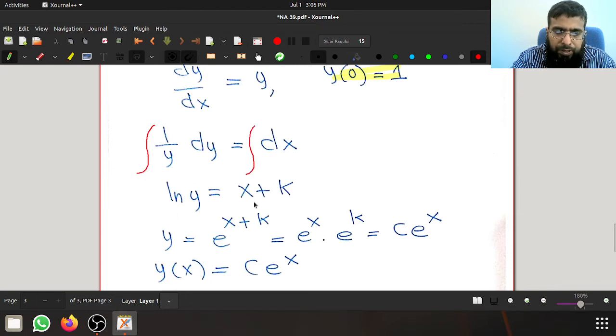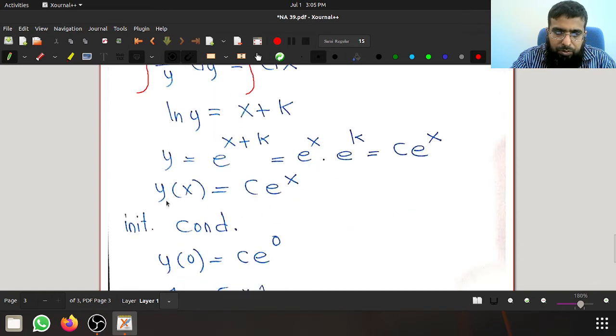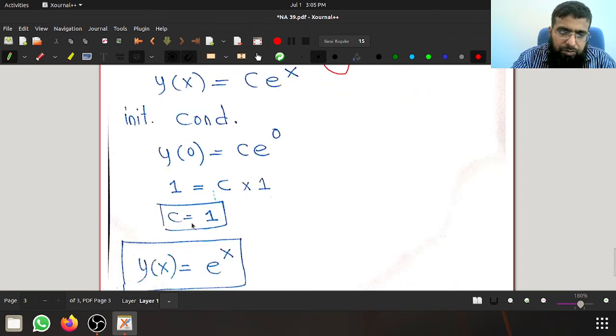So the log of y is x plus k, and then we take e to the power of both sides, and it comes out to be c times e to the x, because e to the k is a constant and it can also be written as another constant c. So y of x is c e to the x, and we put initial conditions, putting x equal to 0, y of 0 is 1, it's given, so c comes out to be 1.